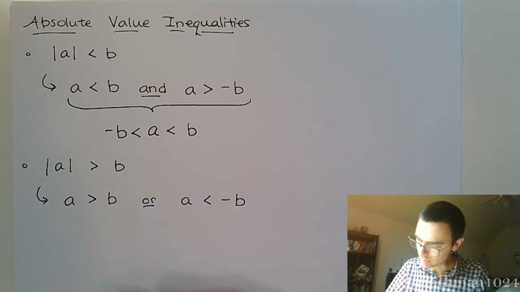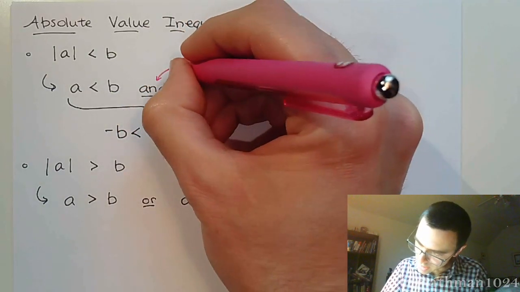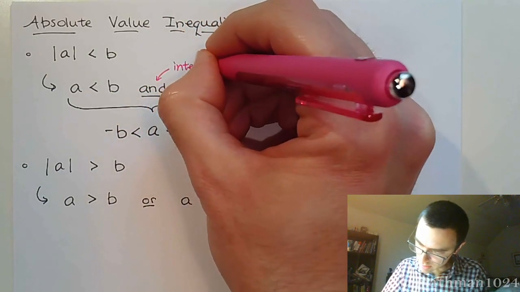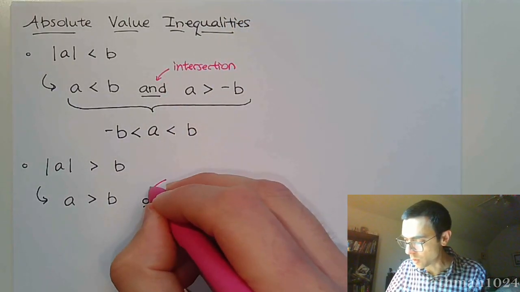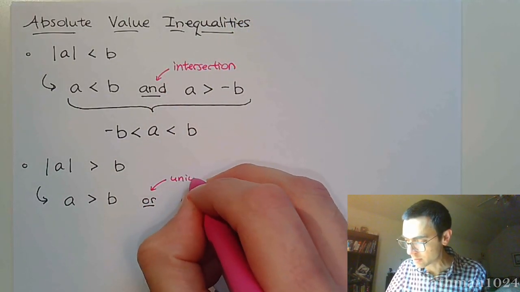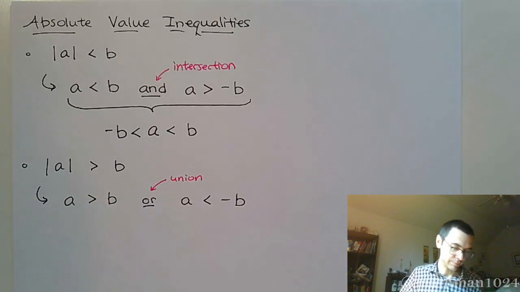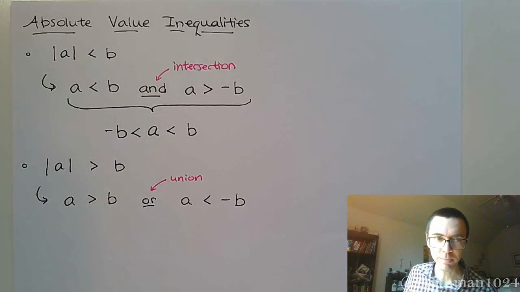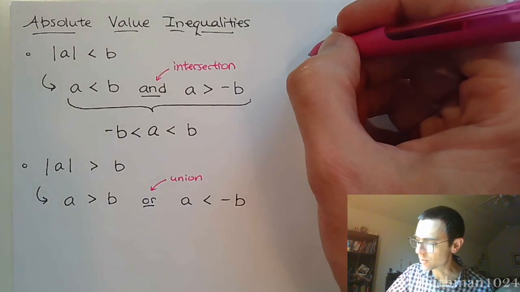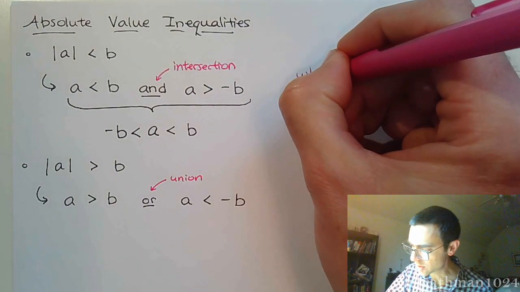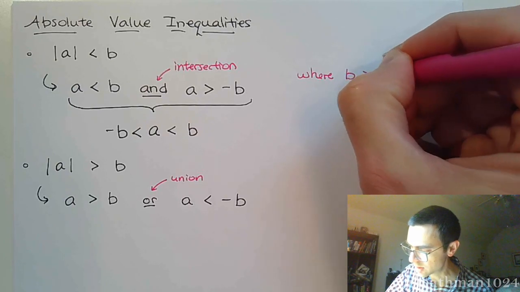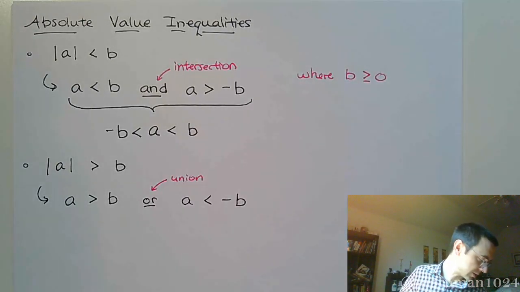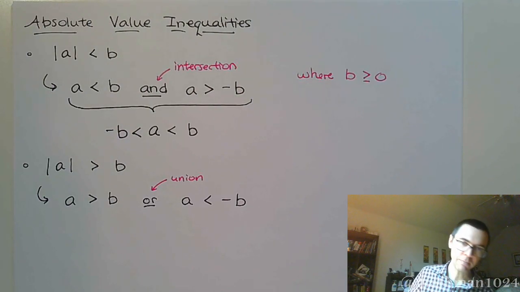Now remember, the word and means an intersection, where the word or means union. Okay? And just like we were saying before, all of this is going to be all well and good as long as that B value is non-negative. Okay?